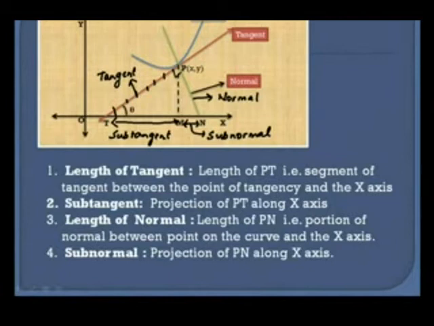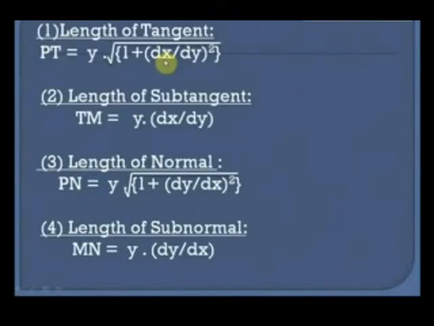Now we are going to see expressions to calculate the length of tangent, subtangent, subnormal and normal. The length of tangent is given by PT equal to y into under root of 1 plus square of dx by dy. The length of subtangent, which is the projection of tangent along the x-axis, is TM, which is equal to y into dx by dy.